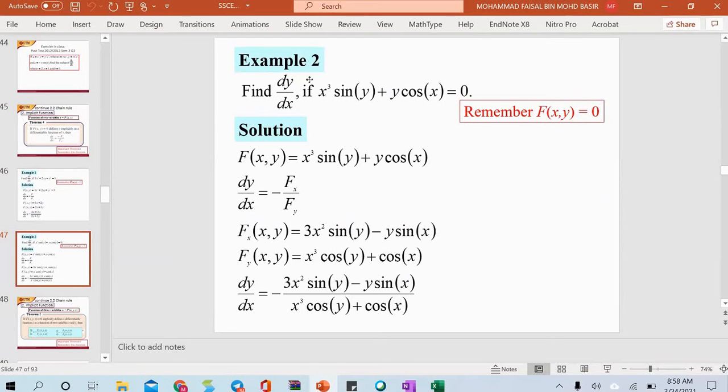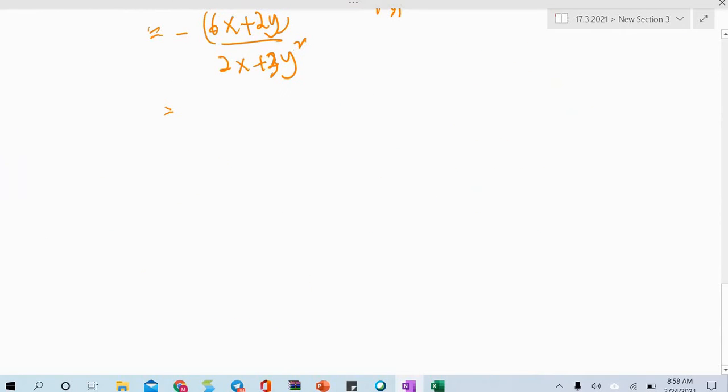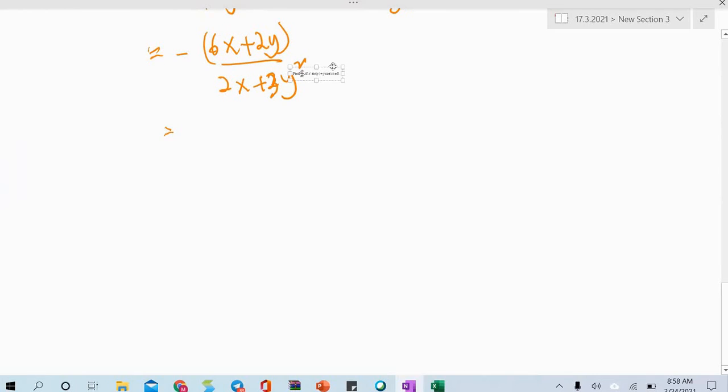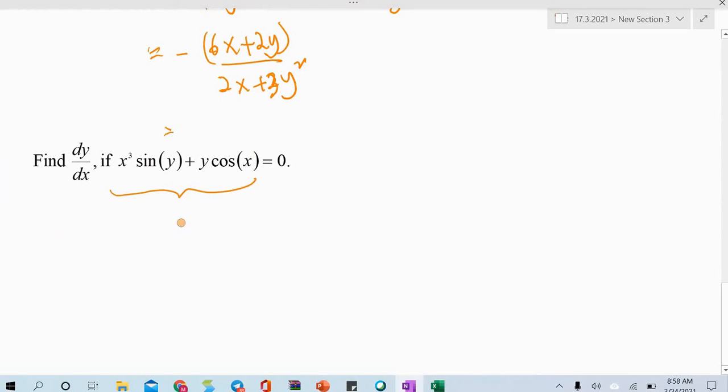Okay, I move on. We try to do this. Same thing, they ask you to find dy/dx. They already give you the function in this form. If not, you have to bring everything to the left.